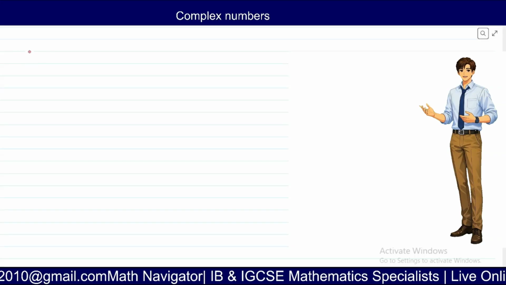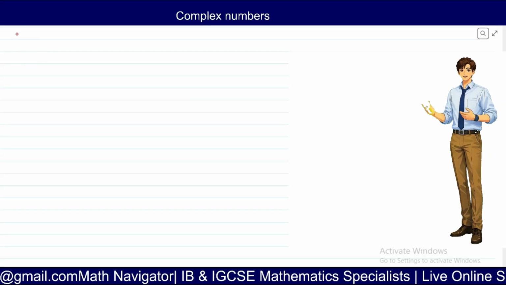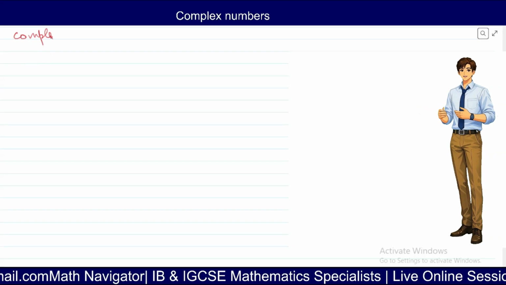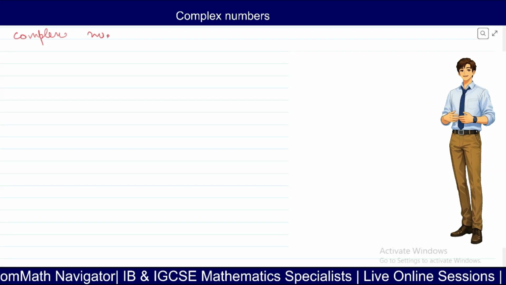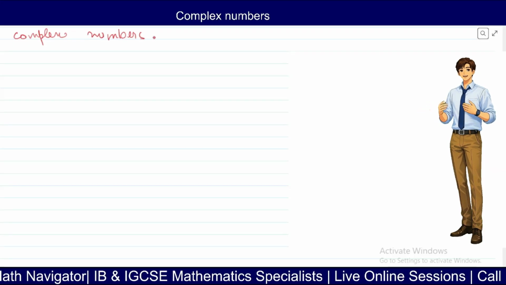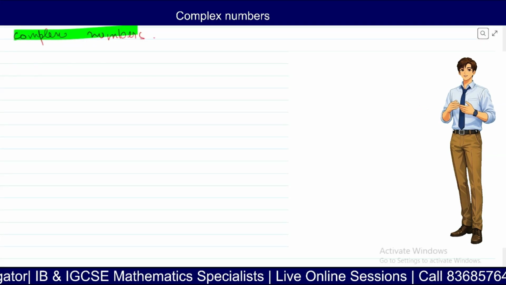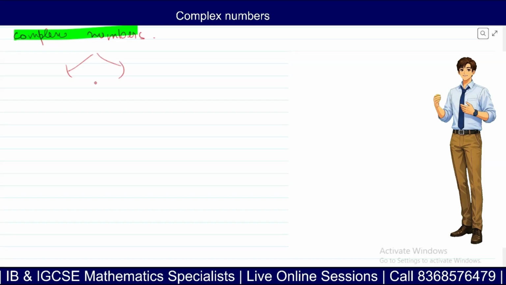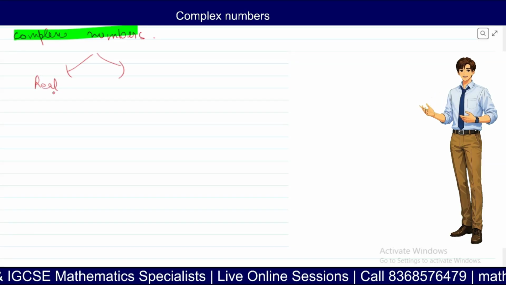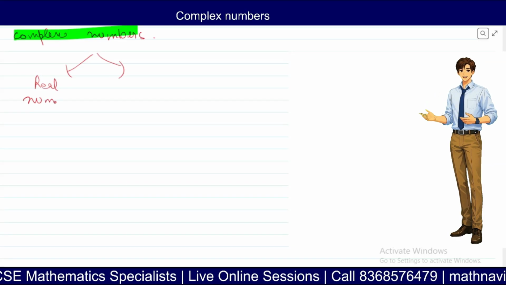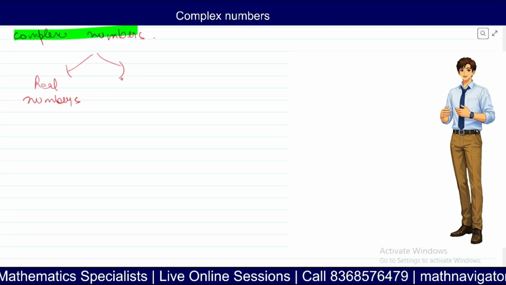Today we are going to work on a new topic, which is complex numbers. When we are talking about complex numbers, there are basically two types of numbers: real numbers and complex numbers.